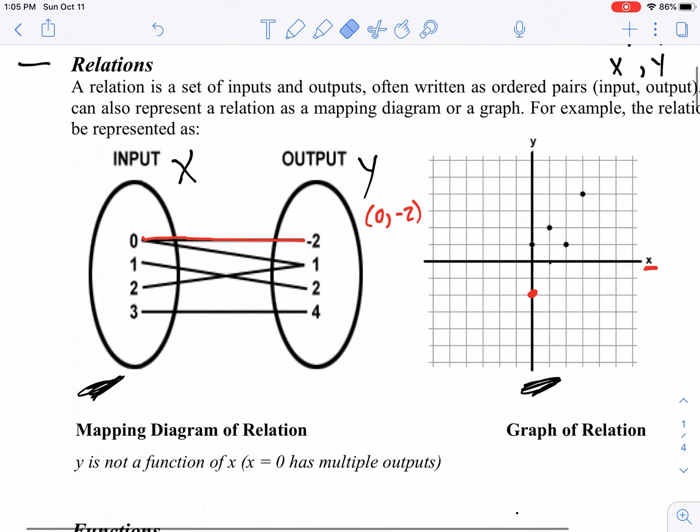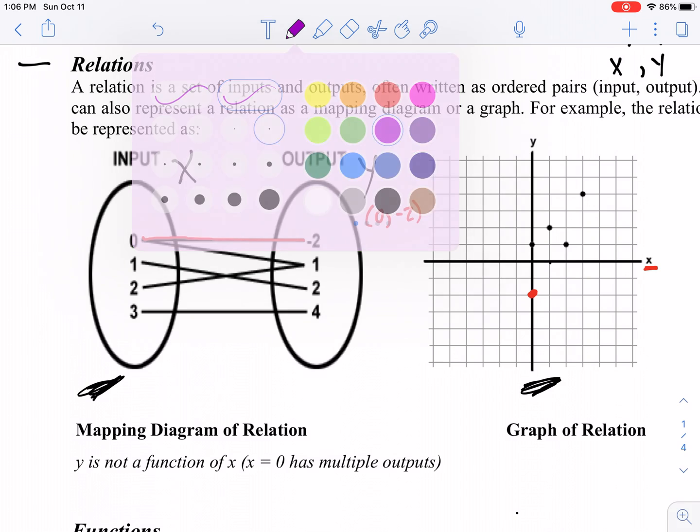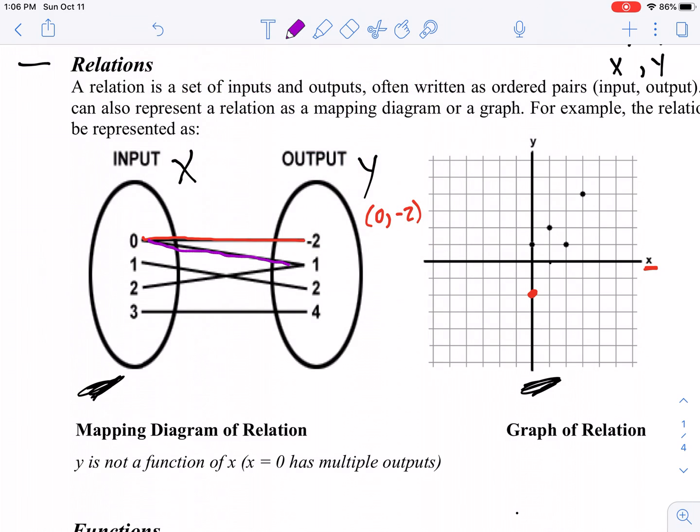Okay? Then we could think of the next pairing. 0 is also mapped to 1. 0, 1. Okay? So that would go 0 on the X. It's not going anywhere on the X, but it goes up 1 on the Y. So this guy right here, this would be 0, 1.